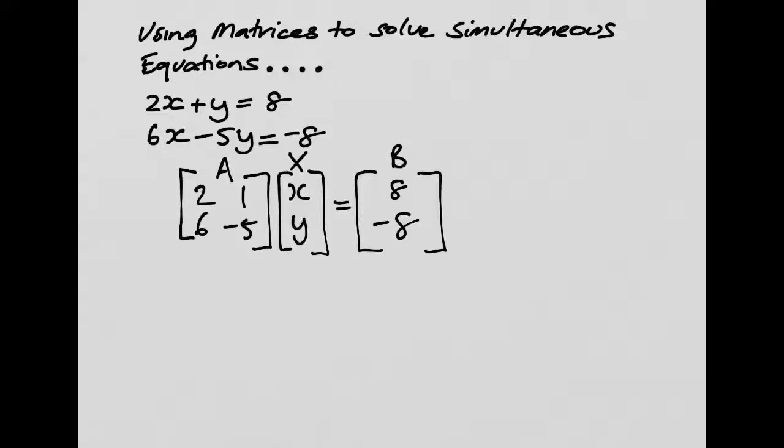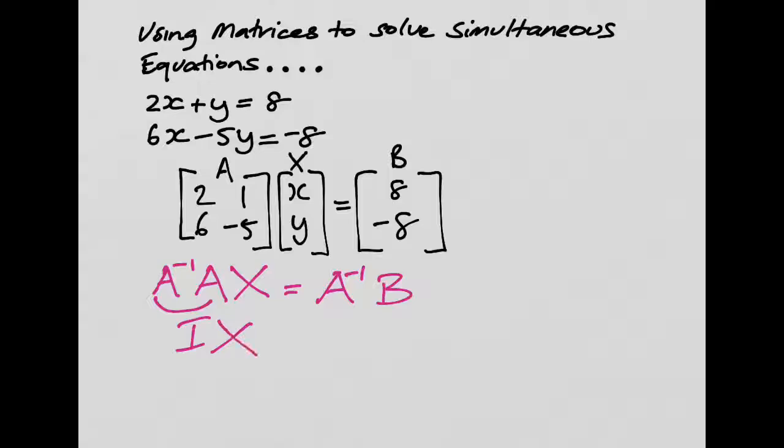In this case, if we find the inverse of A and multiply it by A and then by X, and then we multiply the inverse of A by B, A inverse times A will give the identity matrix, which will equal just X, because the identity matrix, which looks like this, when multiplied by X will give you X, just like multiplying a simple number by 1.